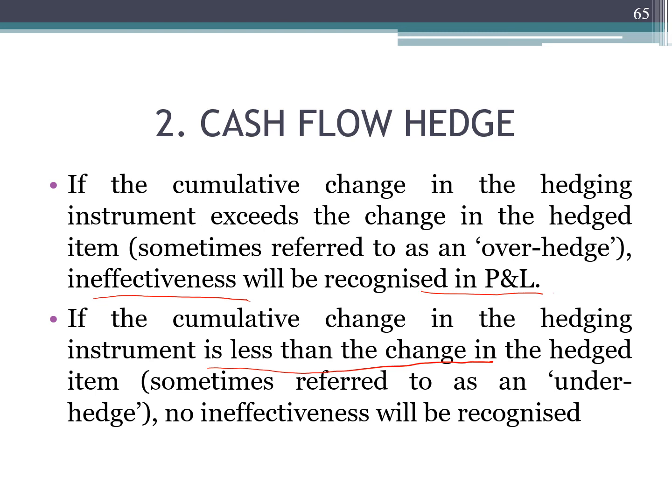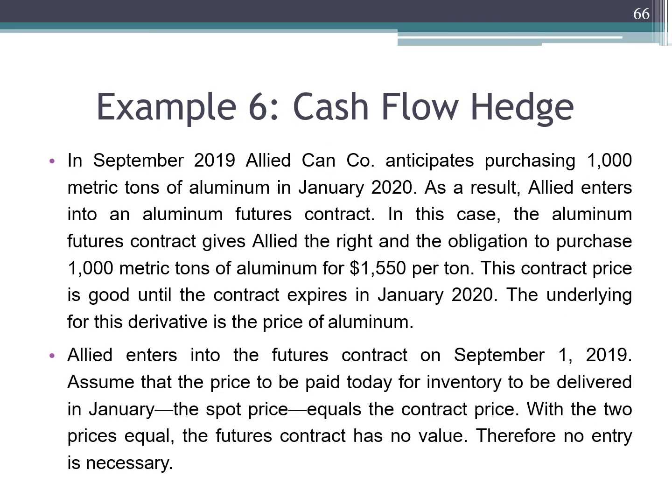We only recognize it in P&L as hedge ineffectiveness when the value of the hedge instrument is more than the value of the hedge item. If it is lower, we do not recognize any ineffectiveness. So let's look at this example of cash flow hedging.